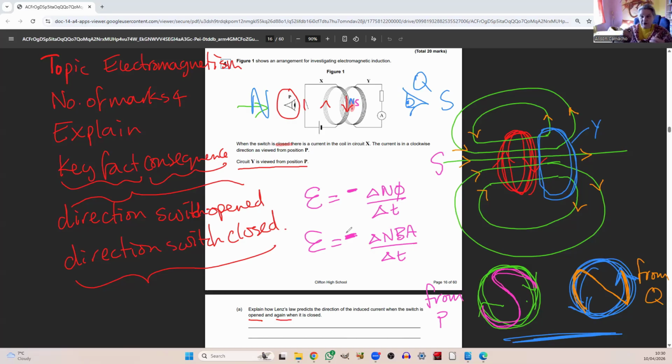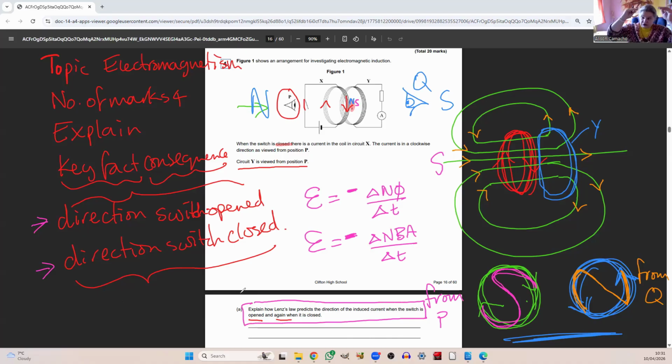Okay, so you've got to explain both the opposition thing and the fact that the EMF is only generated when it's changing, when it's being switched on or switched off. You've got to explain both those things. So I've done it in terms of direction of the switch when it's open and when it's closed, because that is what's written in here.